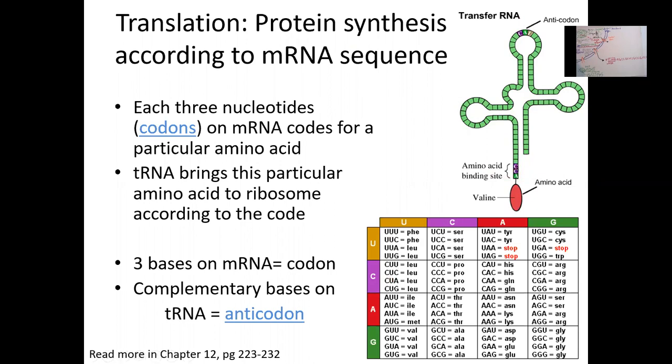Again, codons are part of mRNA, anticodons are part of tRNA. In order to translate the protein, we read the codons with this chart, and the tRNA is what is actually going around the kitchen and bringing the appropriate ingredients.